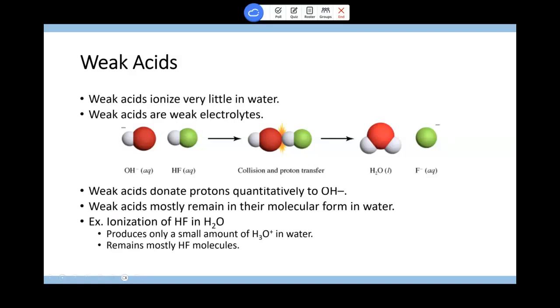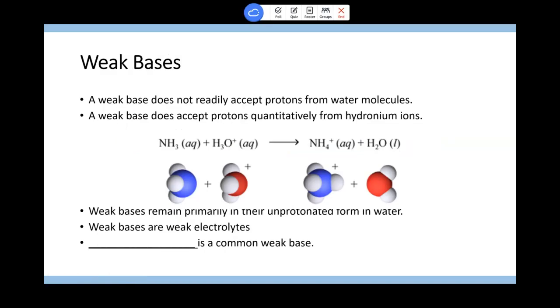Same process is happening when that reaction occurs. The acid donates its hydrogen, loses its hydrogen to the base. I think that's all I want to say on that slide.